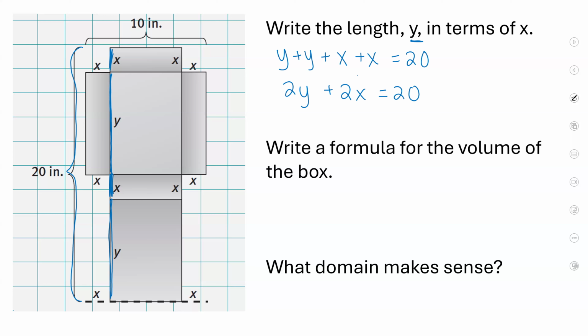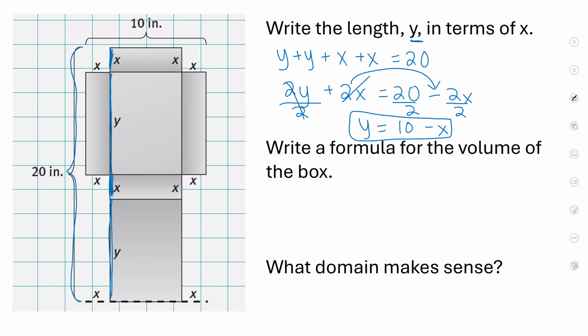We're going to move this over, so this is minus 2x, and then just divide through by 2. So y is 10, because 20 divided by 2 is 10, minus x. So this is how you write the length in terms of x.